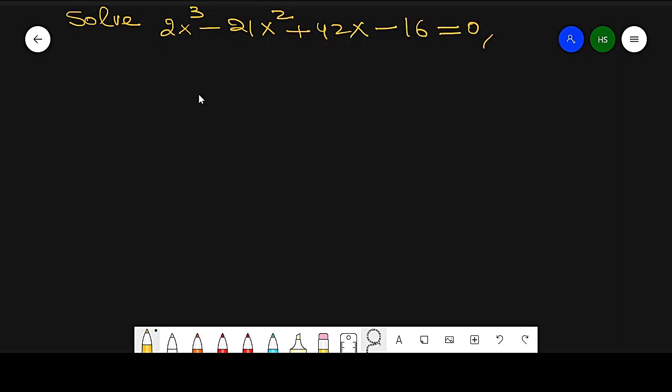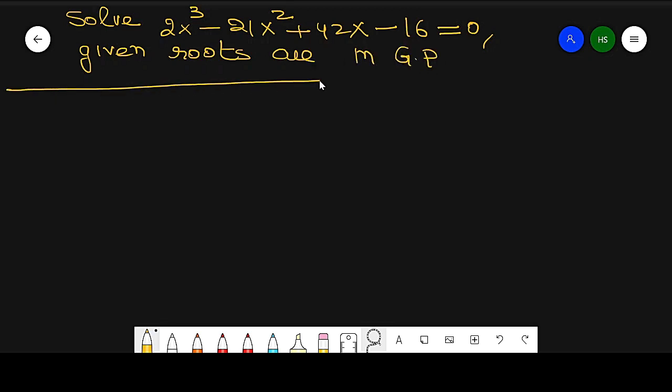Now what is given? Given is that the roots are in GP. So this is my question. How will we solve it if the roots are in GP?